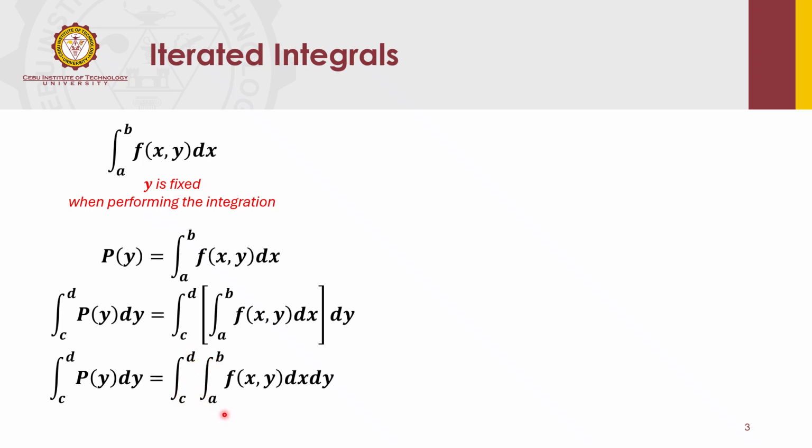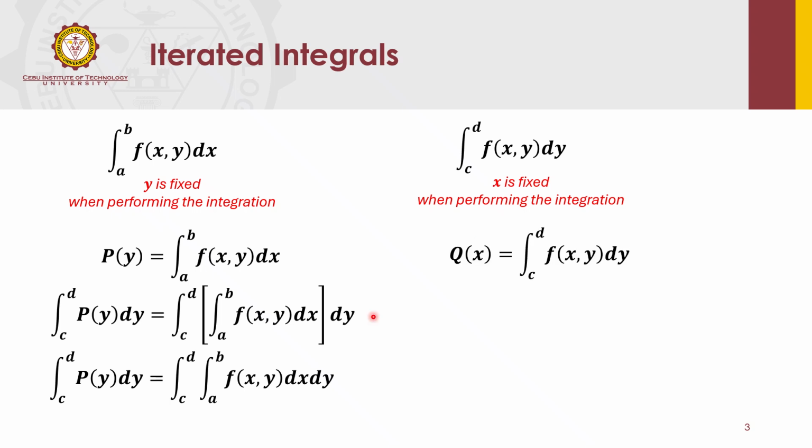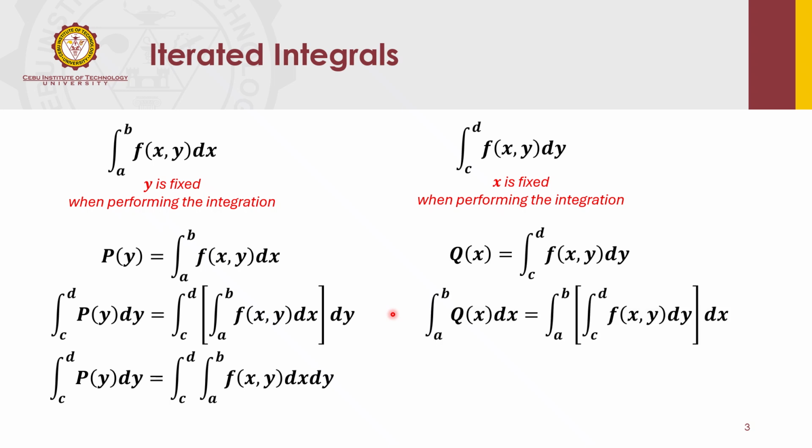We can also have our initial function integrated with y as the variable of integration, meaning x is fixed when performing the integration. So the value of the integral would be a pure x function, and if this is continuous over a given set of x values, then we can integrate with respect to x.